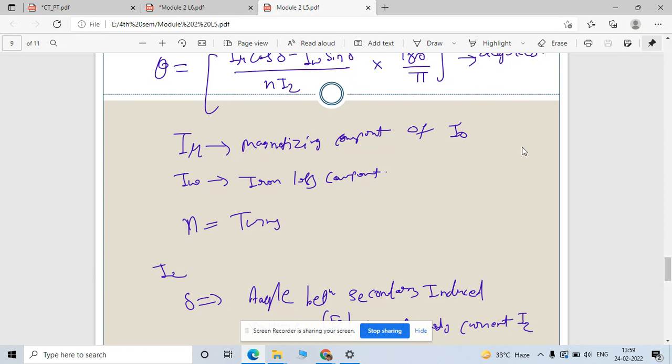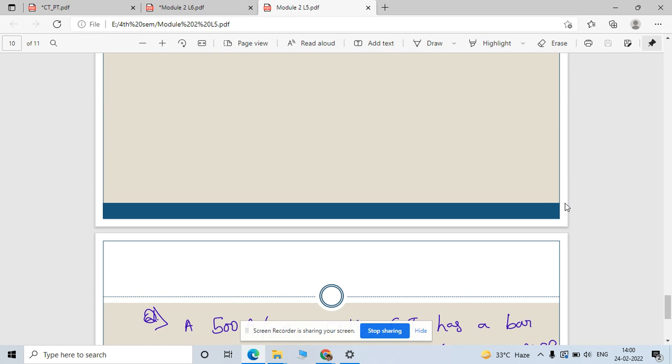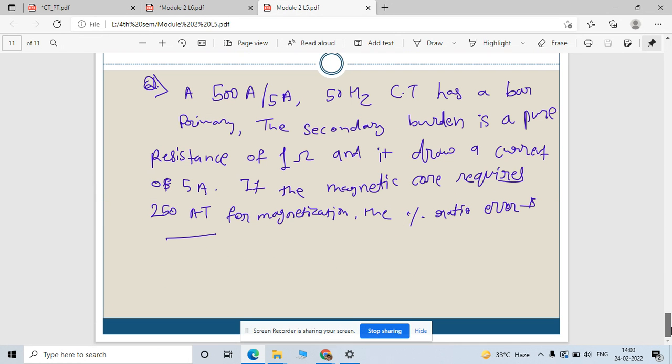This was the problem, right? So what is given here? This is your secondary current. From this, with the help of turns ratio, you can also find out the I2 dash.